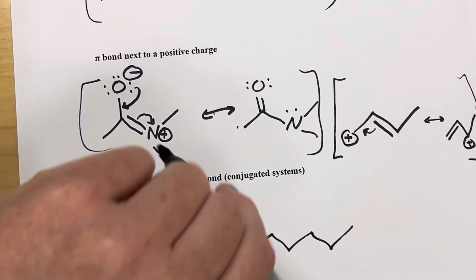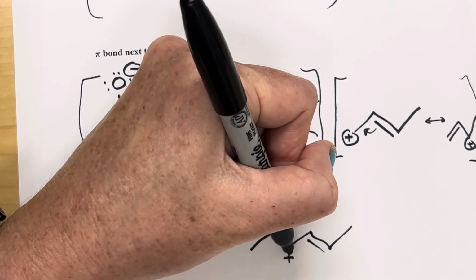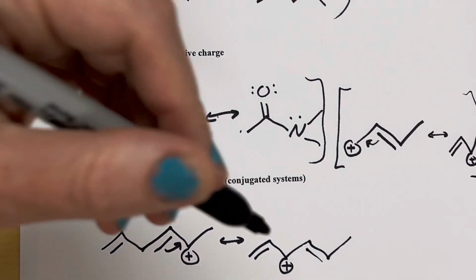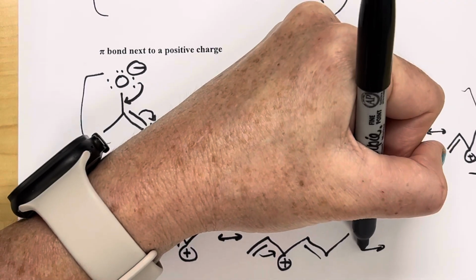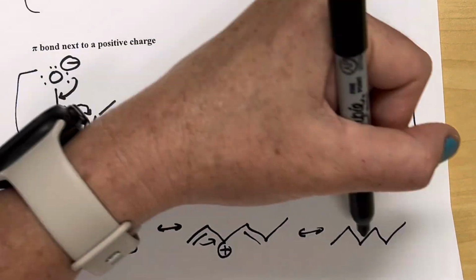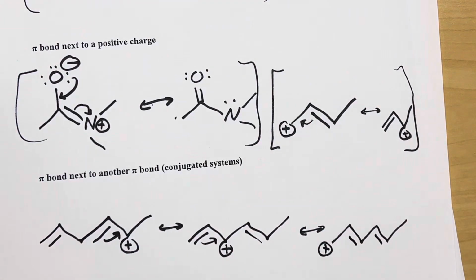So you're taking this pi bond and moving it over here. Now you've created a positive charge right here. So then hopefully you agree the next thing that would happen would be that double bond goes over there. So now we've got one there and one there, and now we have a positive charge at the end there.